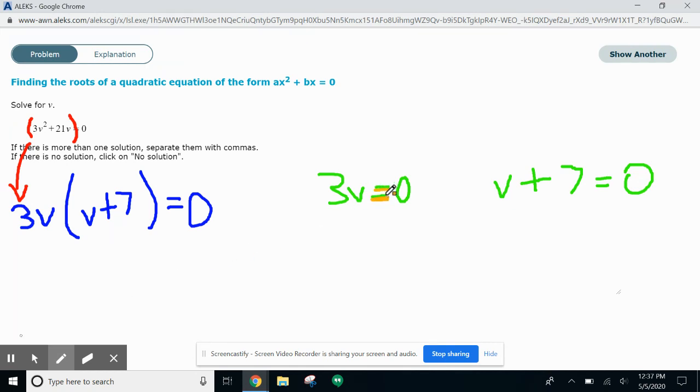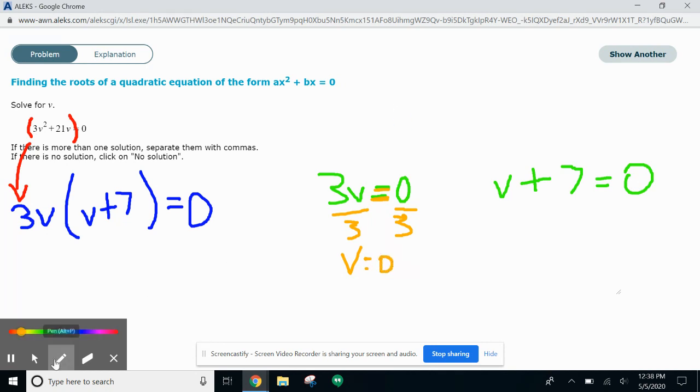So this green and orange problem, if you notice, whenever you have something like this, if we're setting it equal to 0, no matter what this number is here, it's going to be divided by 0. So it's going to be 0 divided by 3, and 0 divided by anything will still be 0. So now we have v equals 0.